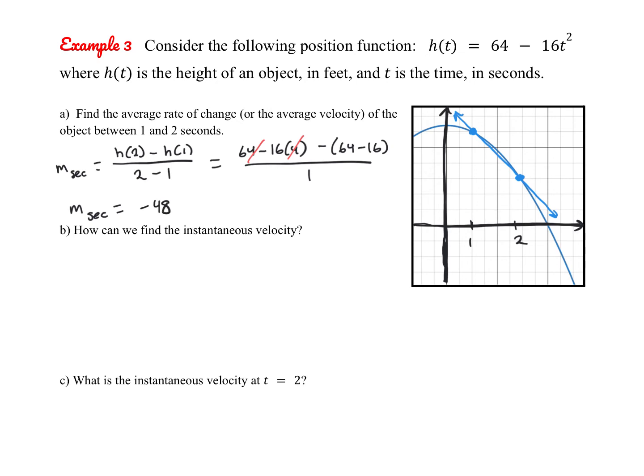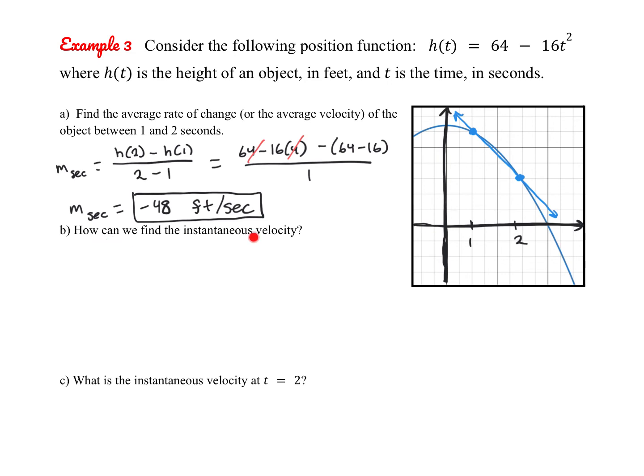And here we can give it a unit. Since it's rise over run, the rise is represented in feet. That's what our y-axis represents. And the run would be our x-axis, which is time in seconds. So it's feet per second. That would be the average rate of change between 1 and 2 seconds.